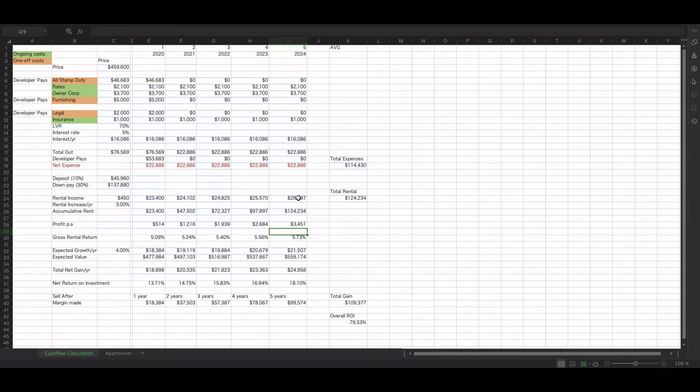Now, we're going to be making a few assumptions here, obviously. The first assumption is that we are doing our calculations based on a 70% LVR, a 70% loan-to-value ratio. The second assumption is based on a 5% interest rate. Usually, interest rate can be fixed or variable. If it's a fixed interest rate at 5%, then this would all make sense.